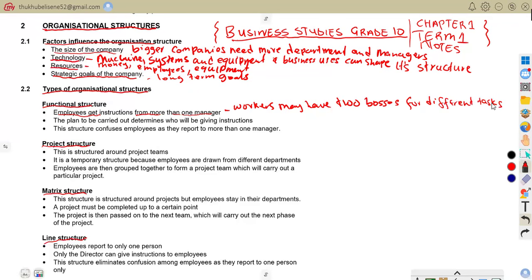For example, a worker may report to the production manager and also to the quality manager. That is why we are saying employees get instructions from more than one manager.